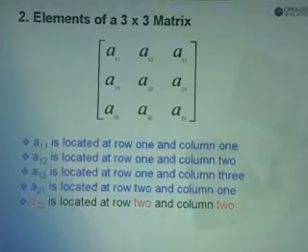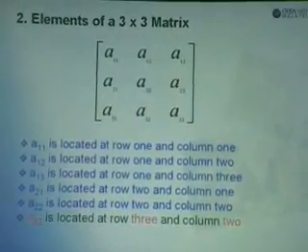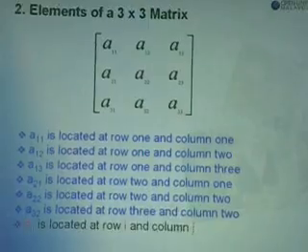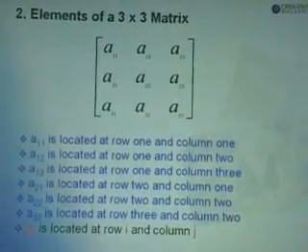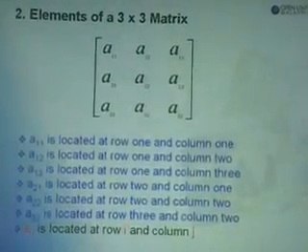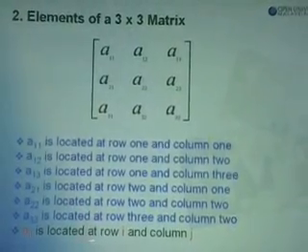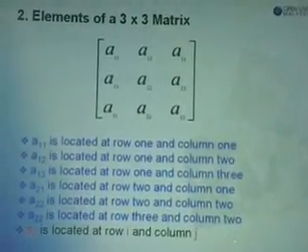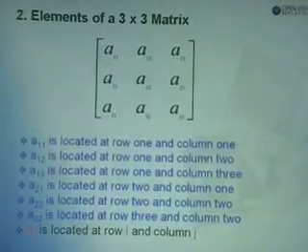A22 is located at row 2 and column 2, and so on. And A32 is located at row 3 and column 2. So in other words, if we are given an element identified as Aij, that means that element is located at row i and column j. Okay? Let's move on to the next slide.